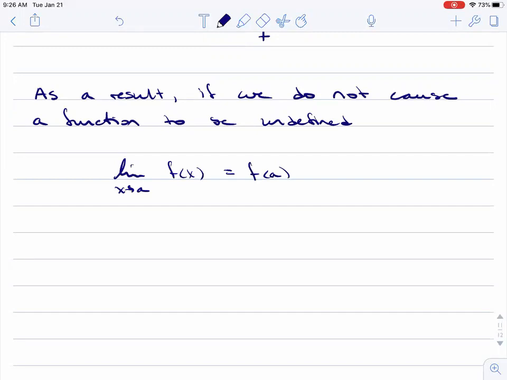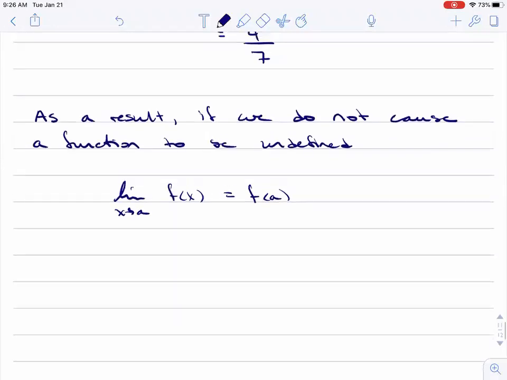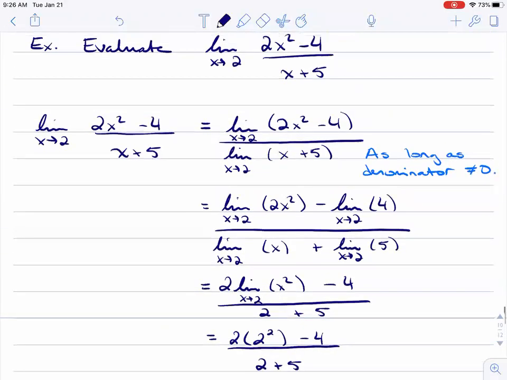Because what we could have done earlier in this equation, if we just plug in x equals 2, there's nothing wrong with that. We land on some value, and so we're allowed to do that.